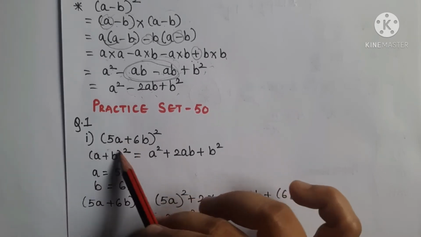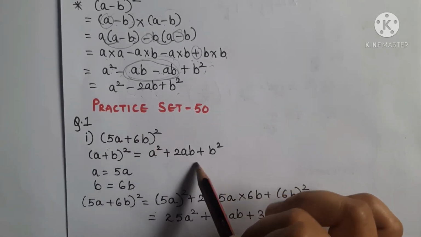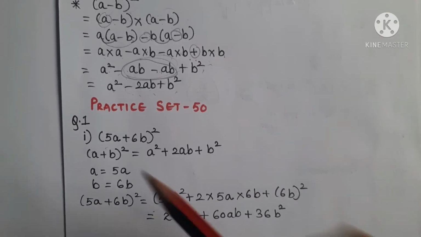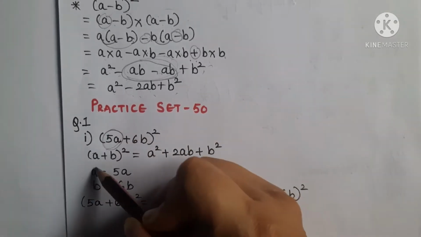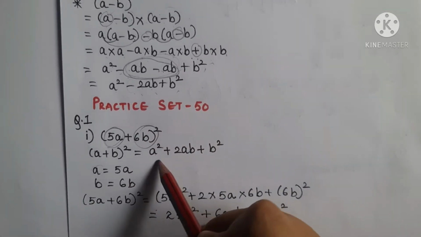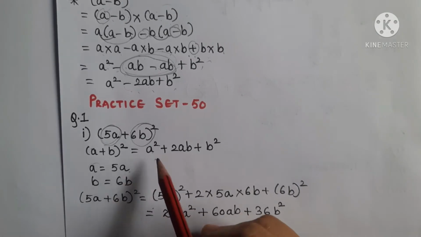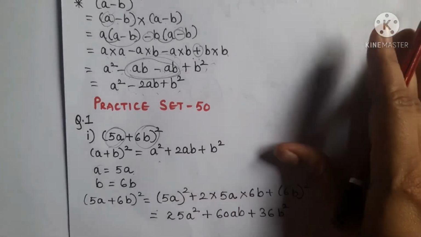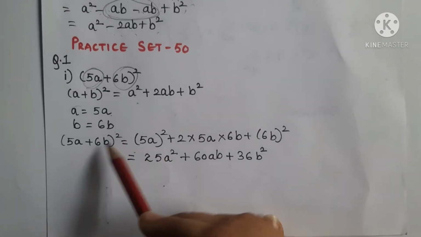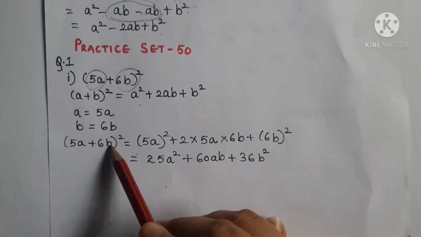So the formula for (a + b) the whole square is a square plus 2ab plus b square. Now 5a is the entire term a and 6b is the entire term b. So in place of a I will substitute 5a and in place of b I will substitute 6b.